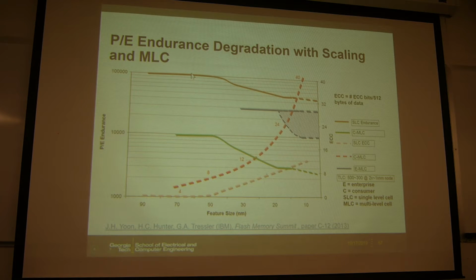And if you look at the typical number for today's NAND flash as a function of the technology node, the endurance cycles are typically in this range, not very large. This is 10 to the power 3 cycles, 10 to the power 4 cycles, 10 to the power 5 cycles. So the best you can do is like 10 to the power 5 cycles.